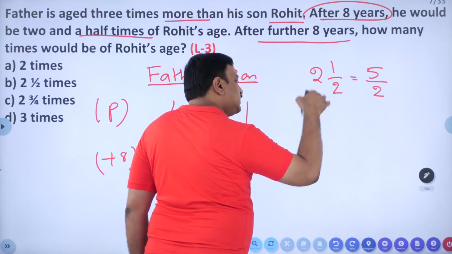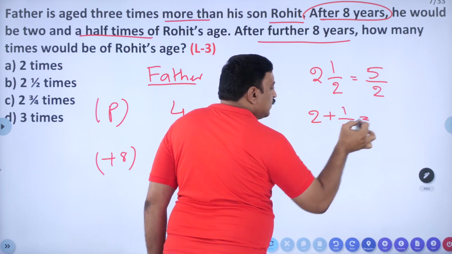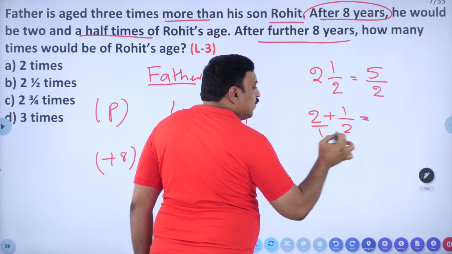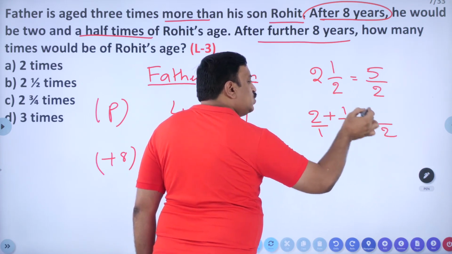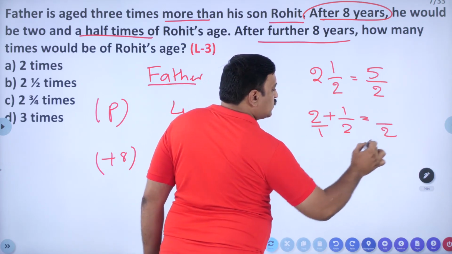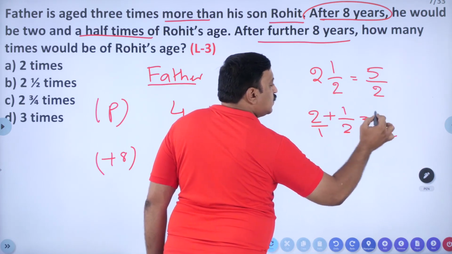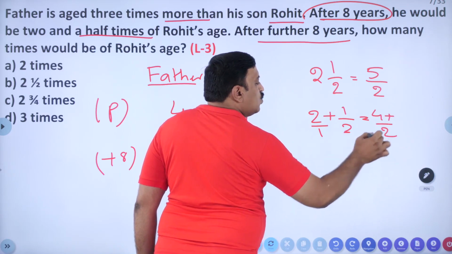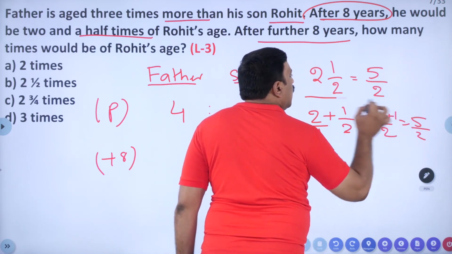How we got that, we have done in mixed fractions. Or else 2 plus half means LCM 2: 1 twos is 2 here, 2 twos is 4 plus 1 ones. So it is 5. In this way we got this one.